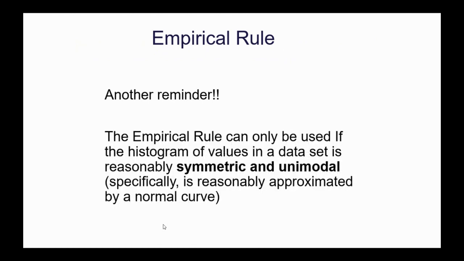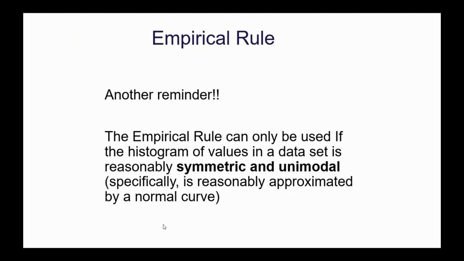Okay, another reminder, the empirical rule can only be used if the histogram of values in the data set is reasonably symmetric and unimodal. That's one of your blanks on page 18. Symmetric and unimodal.